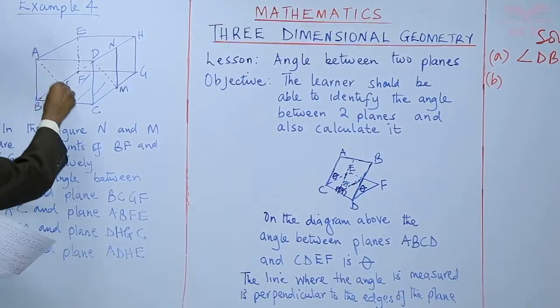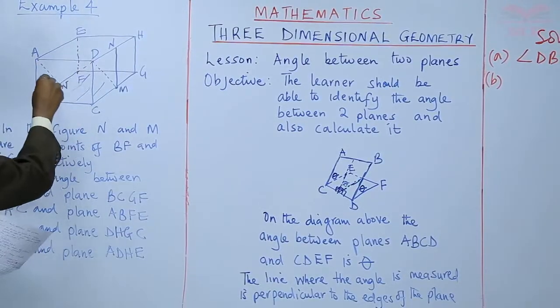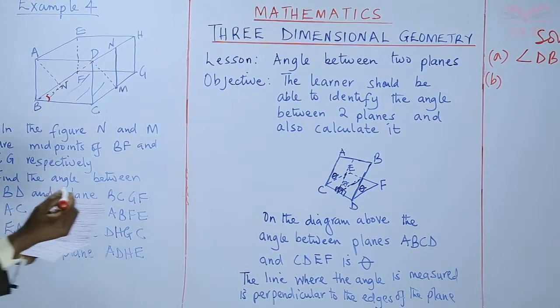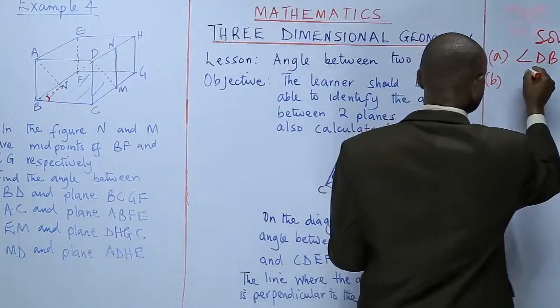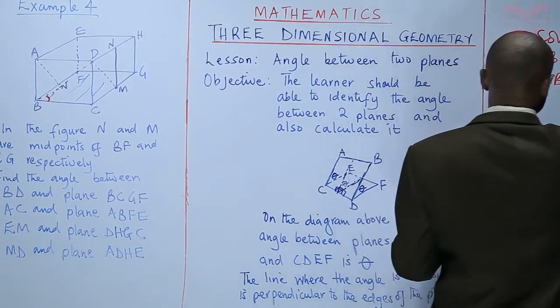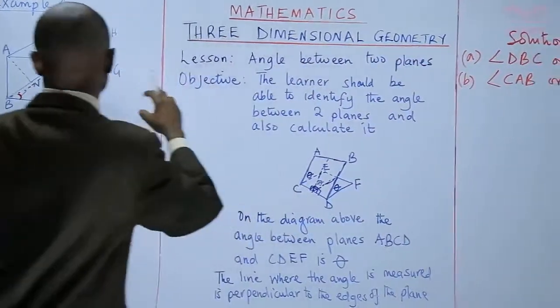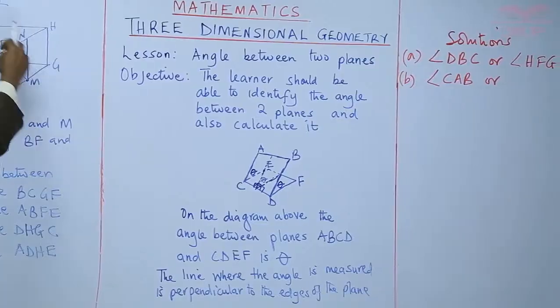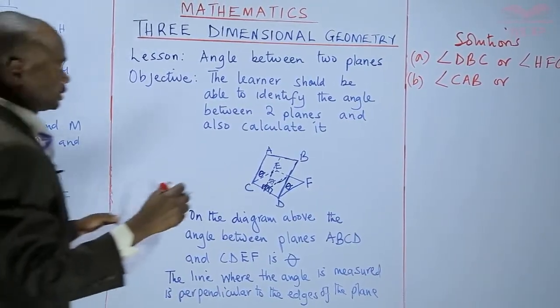So you look at this angle and that plane. You find it is angle CAB, or it can be at this edge, the other angle, GEF.